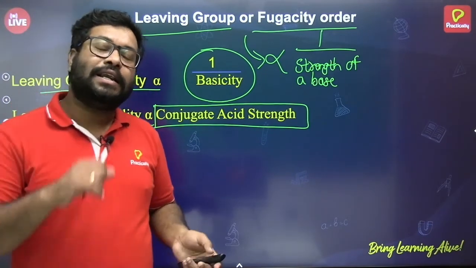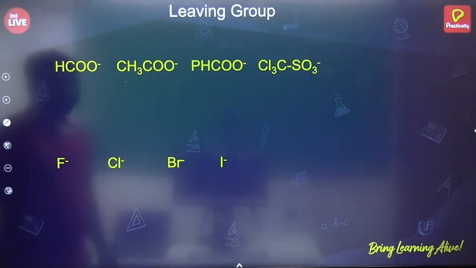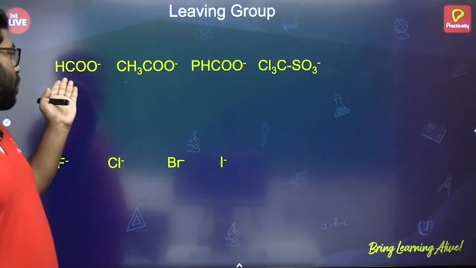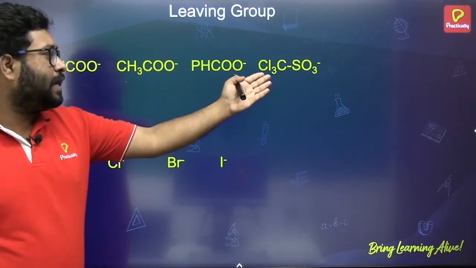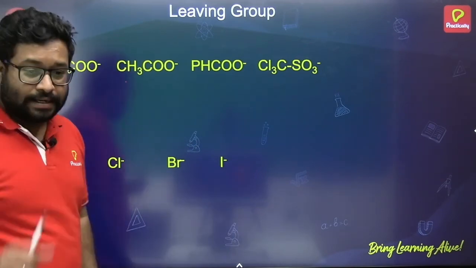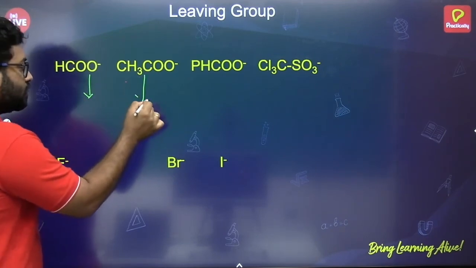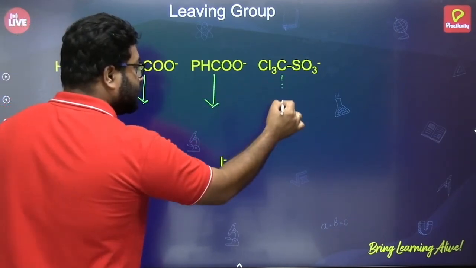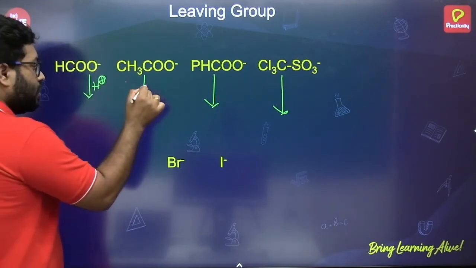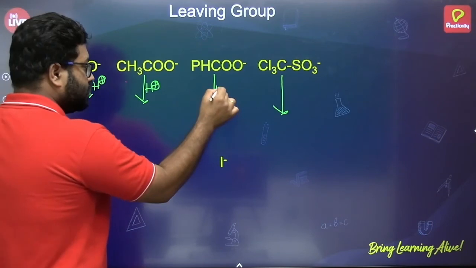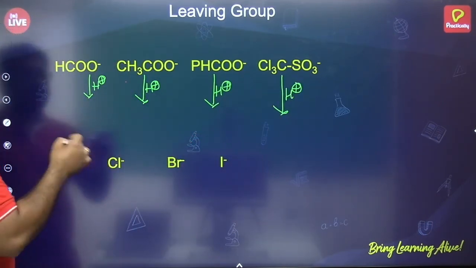Okay, let's understand it through an example. See, HCOO minus, this is the formate ion, then you have the acetate ion, then benzoate, and then trichlorosulfonate. Now I'm going to put an H plus ion into all of these, and let's see what acid I get.